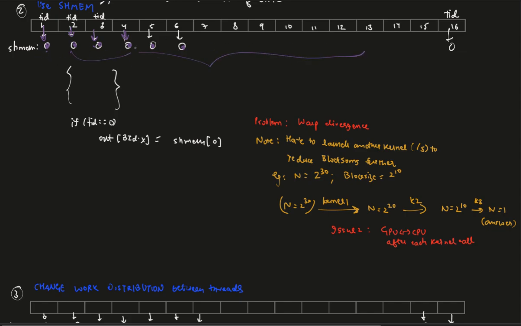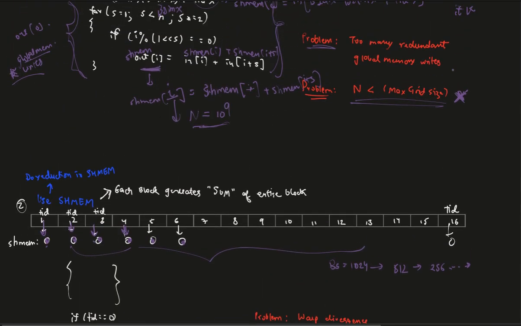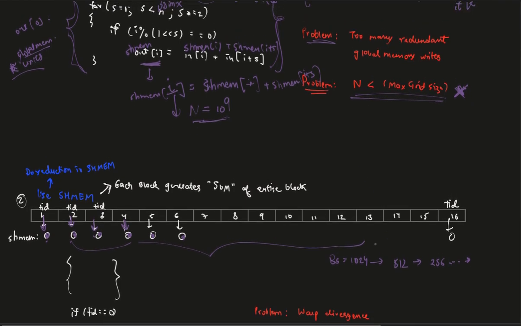Okay, and finally, after the first iteration of the block, let's say this block has size 1024. After the first iteration, from 1024 we'll have 512. In the second iteration, we'll have 512 to 256, and so on. This is like when s is equal to 1, this is s equal to 2, and finally when s is equal to, I think, 9 or 10, we have just one element.